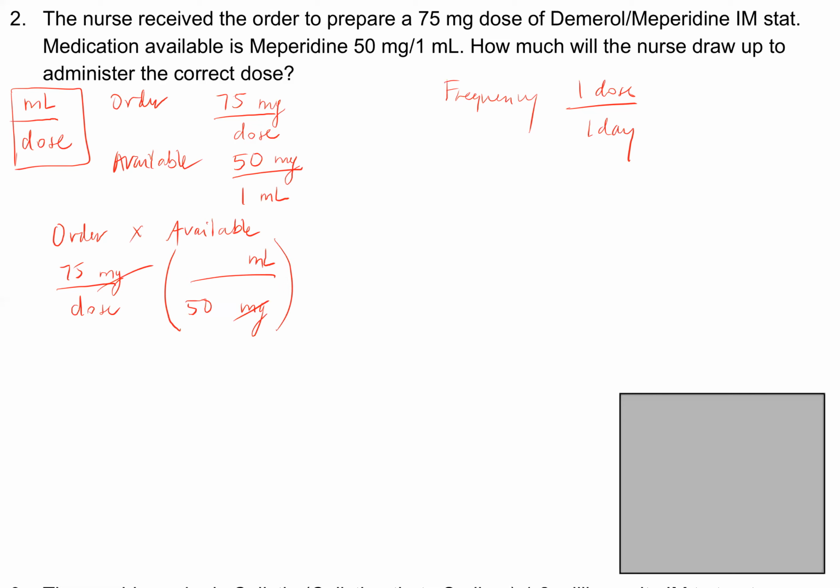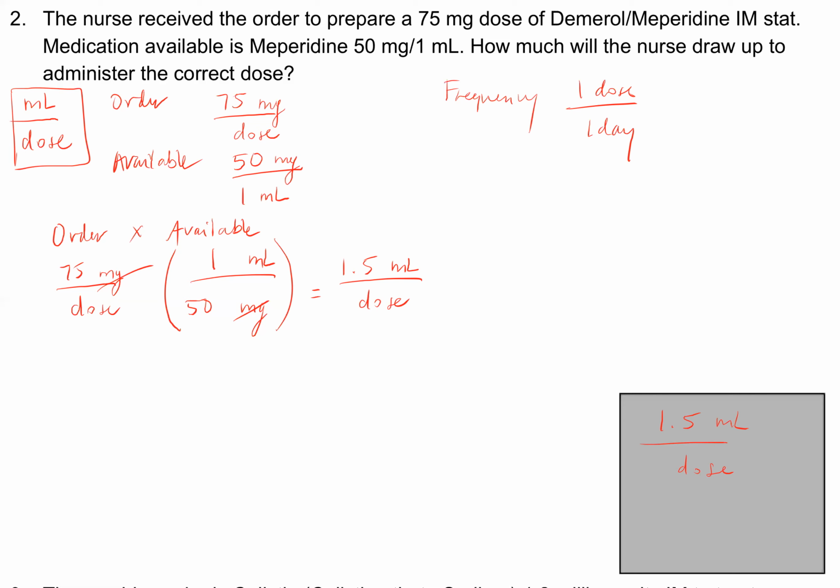Fill in your numbers. So using your calculator, you have 75 divided by 50, which is 1.5 mLs per dose. Final answer, 1.5 mLs per dose.